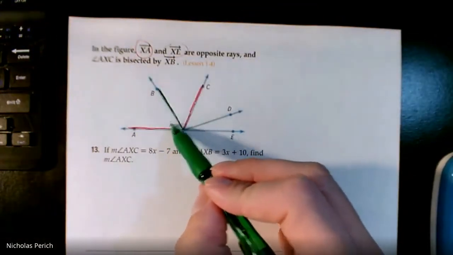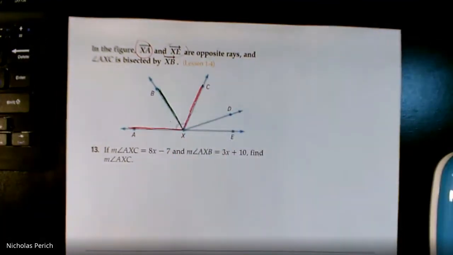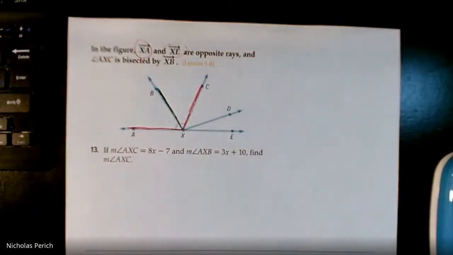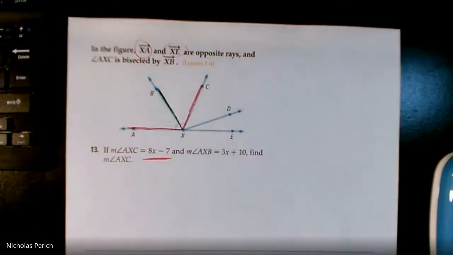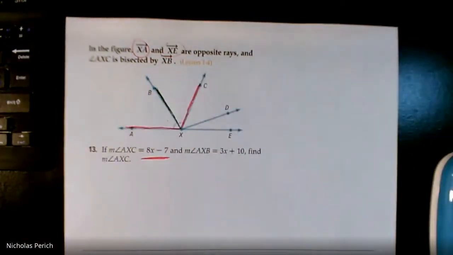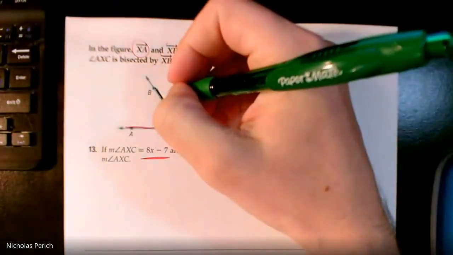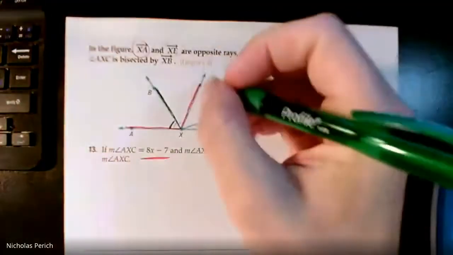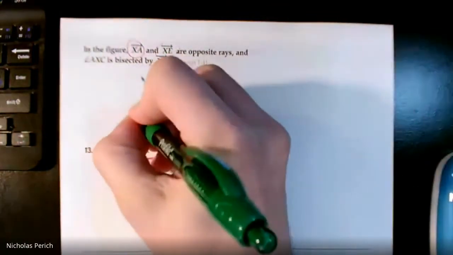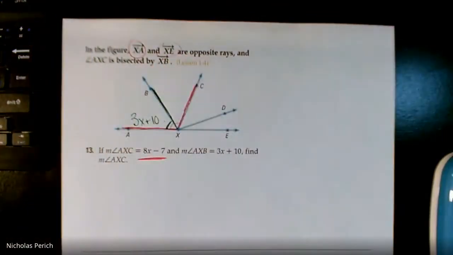So AXC represents the whole thing that I care about, and the measure of AXB, this chunk right here, is going to be 3x plus 10.